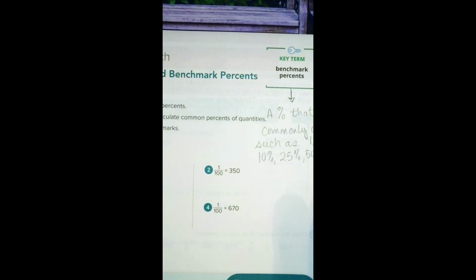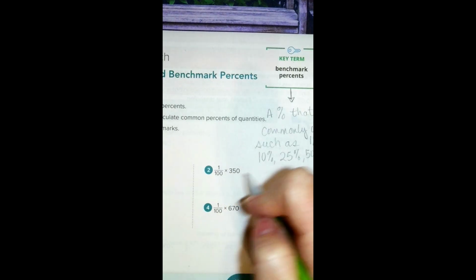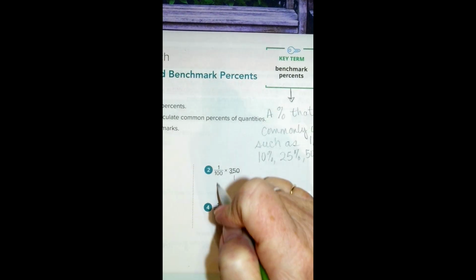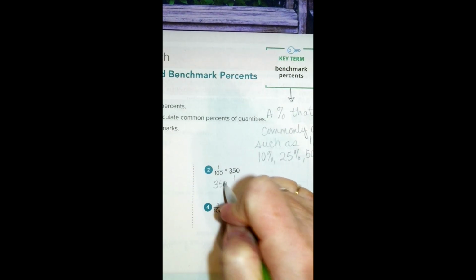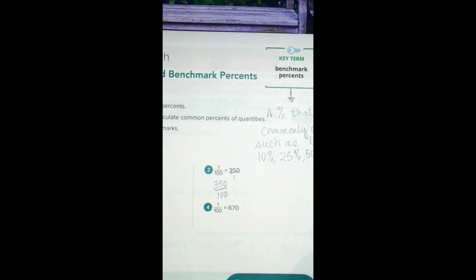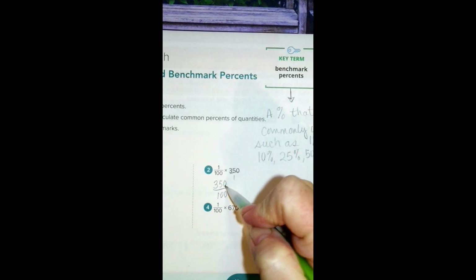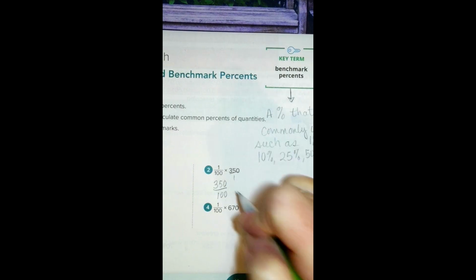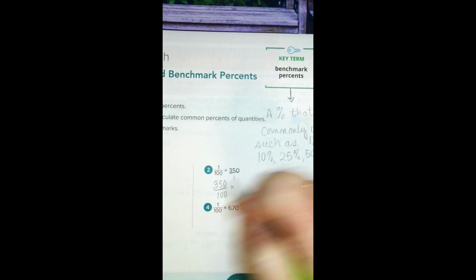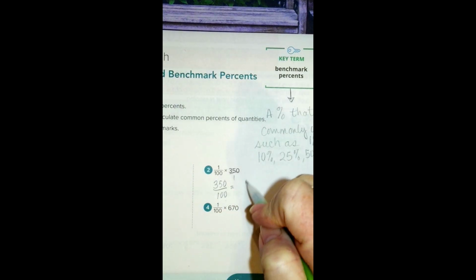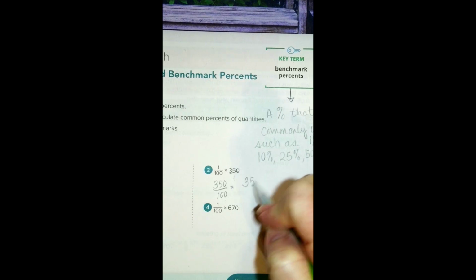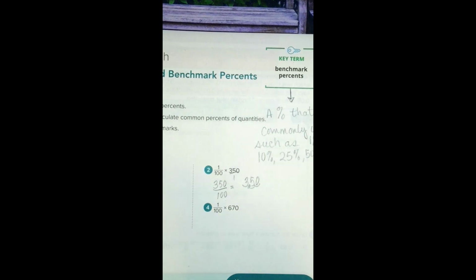1/100 times 350. So again, multiplying straight across, we end up with 350 over 100, which is just 350 divided by 100. So this time it's going to get 100 times smaller. So that means our decimal point is going to now be between the 3 and the 5.